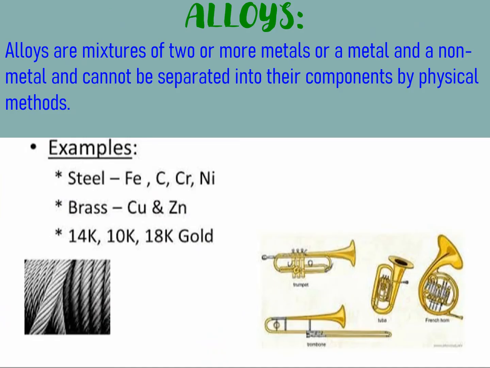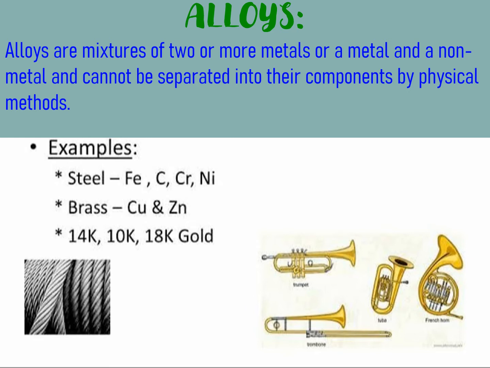Now a special topic, alloys. You must have read about alloys in your previous classes. So what are alloys? Alloys are mixtures of two or more metals or a metal and a non-metal, and they cannot be separated into their components by physical methods.